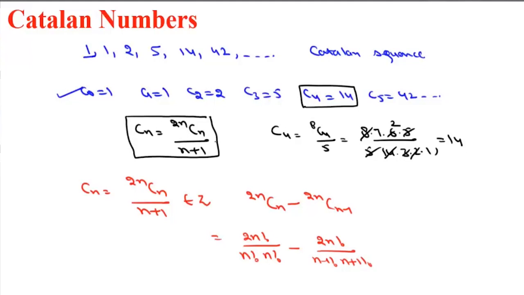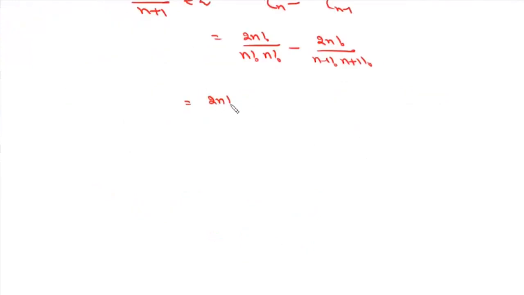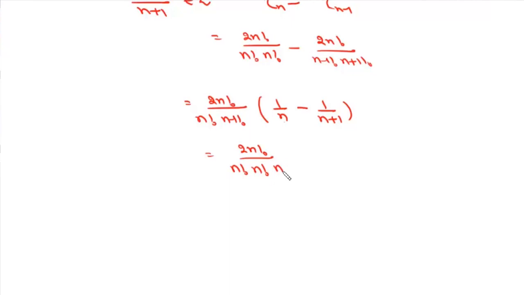Now here we'll take factorial 2n, factorial n and factorial n minus 1 common. So here we'll have 1 by n minus 1 by n plus 1. So it will be factorial 2n and factorial n and n plus 1, which is 2nCn upon n plus 1, and that's your nth Catalan number.